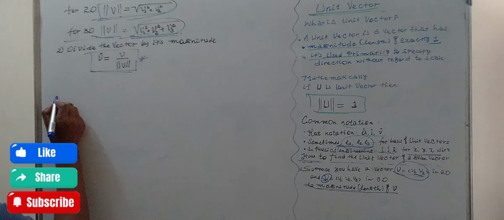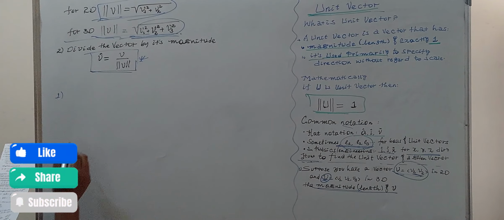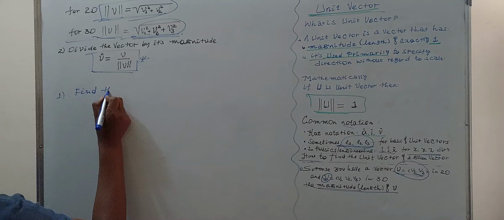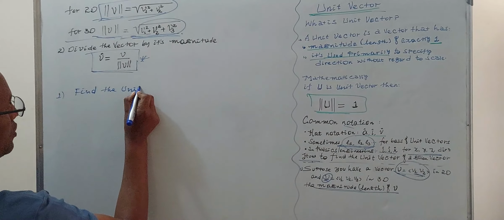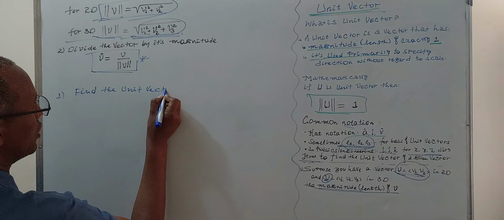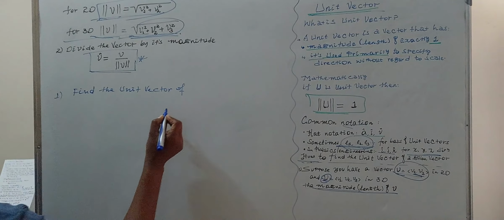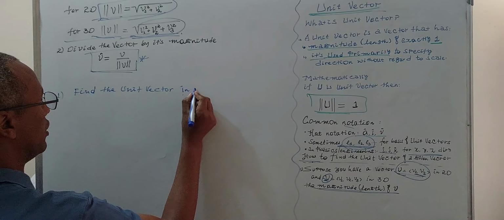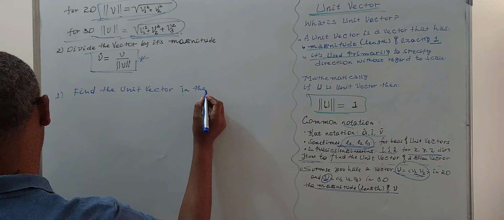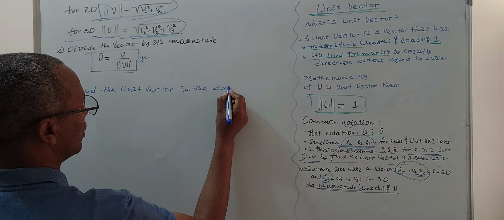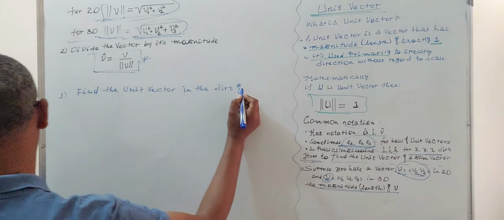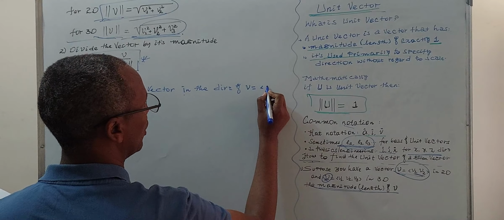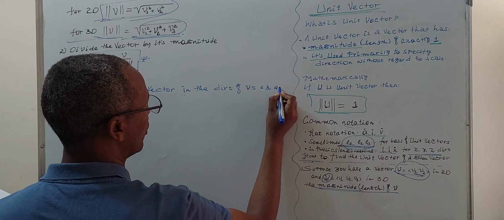Let's say one. What is, find the unit vector of, find a unit vector in the direction of, let's say, in the direction of v equal to (3, 4).